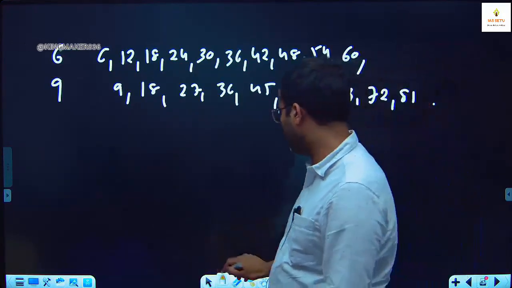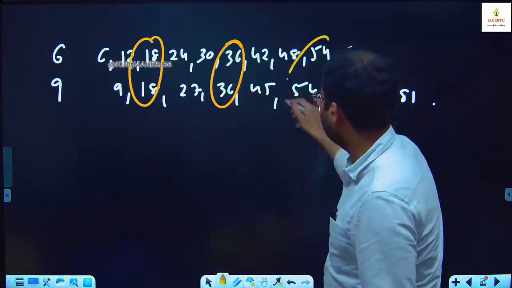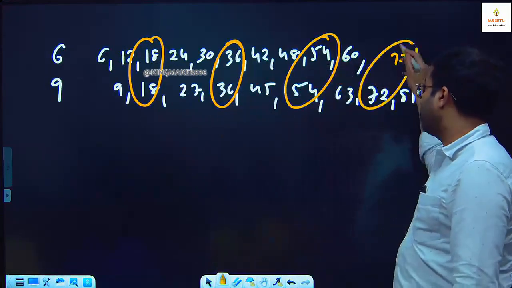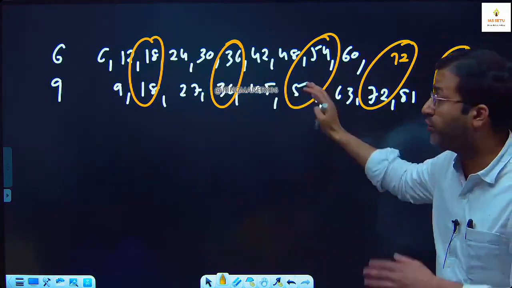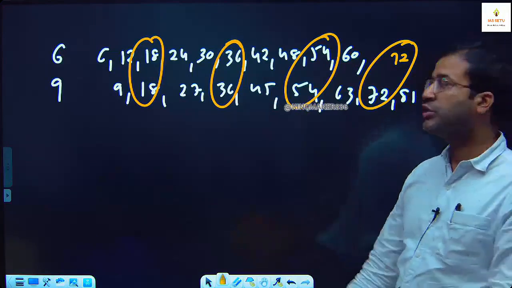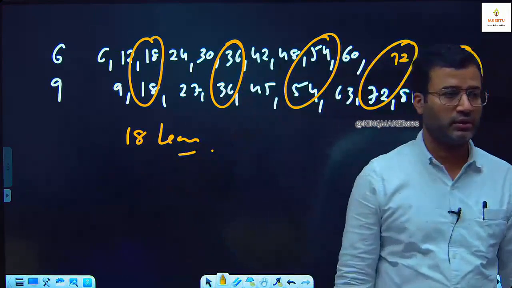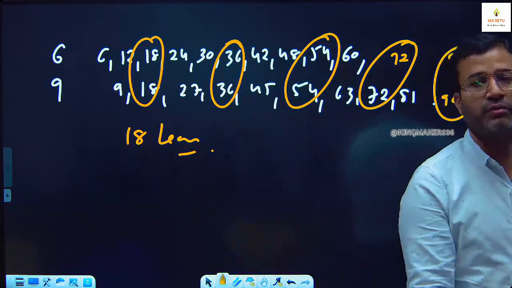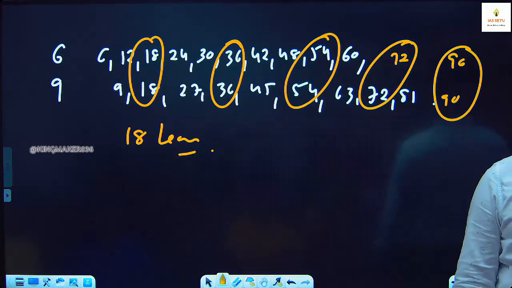Common multiples? 18, 36, 54, 72, 90 and so on. Out of these common multiples, which one is the least? 18. So 18 is the least common multiple. Least among the common multiples is known as least common multiple. As simple as that.